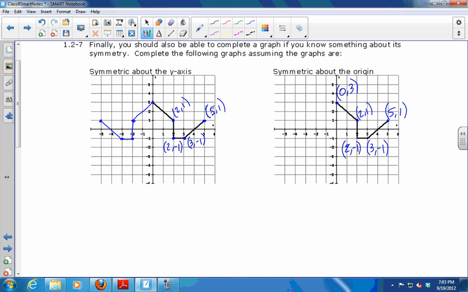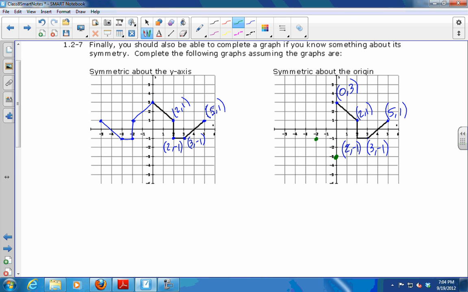And then the test for origin symmetry was replace x with -x and y with -y. So I'm going to take the opposite of both coordinates. So instead of 0, 3, well, what's the opposite of 0? It's still 0. So instead of 0, 3, it's going to be 0, -3. And instead of 2, 1, it's going to be -2, -1.